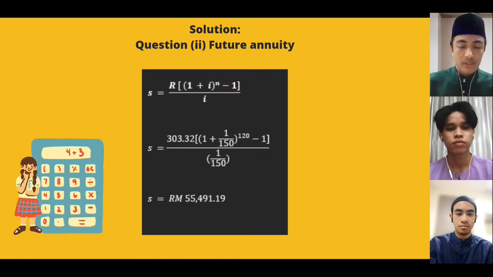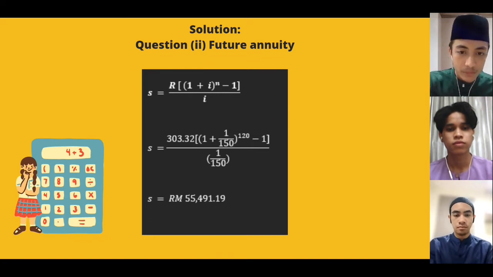Future annuity. So here's the solution. We are using this formula, which is S equals R [(1 + i)^n - 1] divided by i. So we put all the numbers that we indicated earlier through the formula.